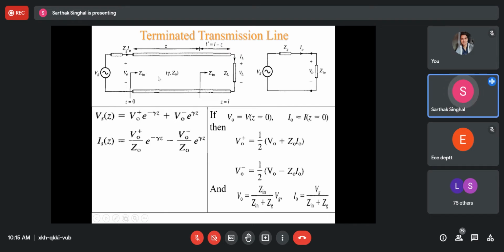So we are discussing this two-wire transmission line, in which we know these are the initial equations of the voltage and the current, in which this V0 plus e to the power minus gamma z is a forward propagating wave, whereas the second term, which is V0 minus e to the power gamma z, this will be the backward wave, or the reflected wave. Okay, and similarly we calculated the values for this current also.